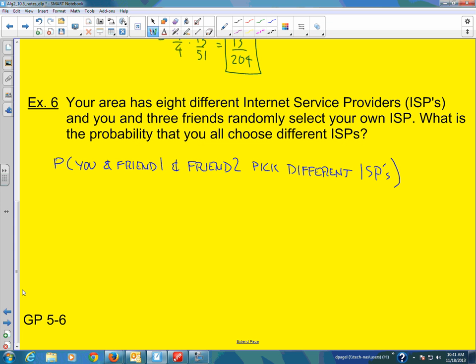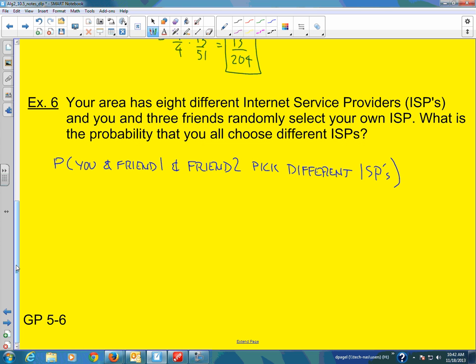That's what we're looking for. And I've suggested that we take a look at this as a dependent event. And the reason why is if I look at it as an independent event, the independent event would state that my total outcomes doesn't change, and my favorables don't change.